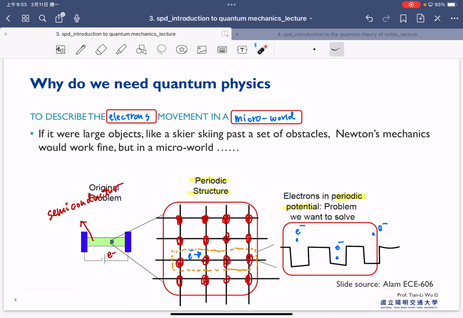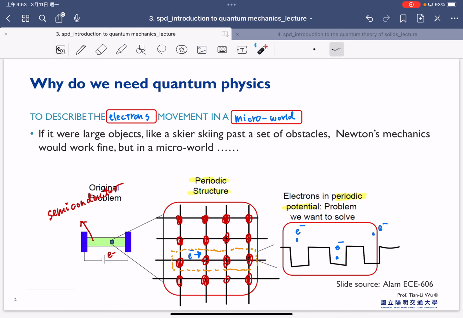Because sometimes it is nearby an atom, sometimes far away from it, the question becomes again an electron moving in a periodic potential. So we are curious about the electrons' behavior in this place, in this place, or in this place.